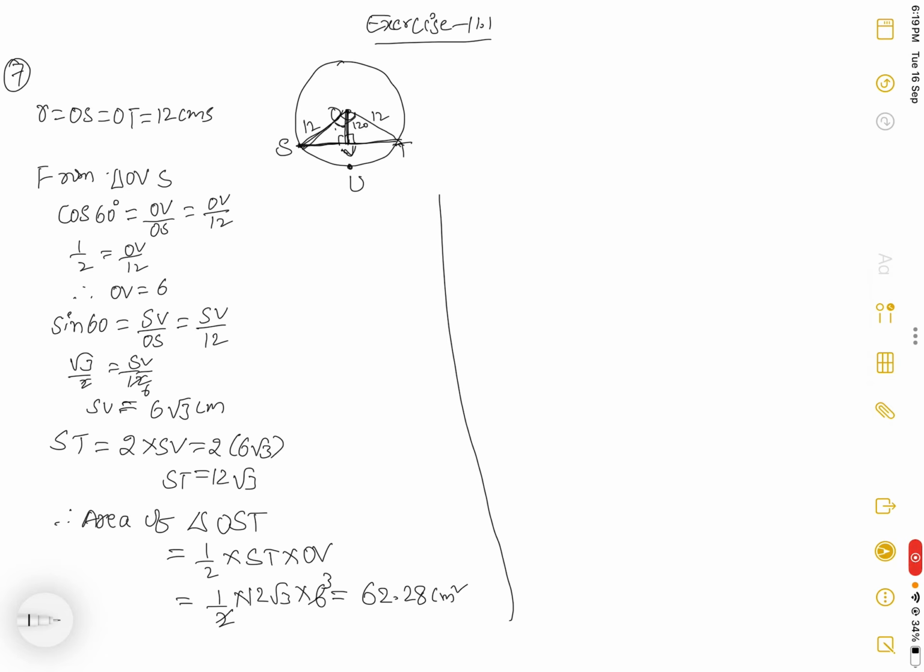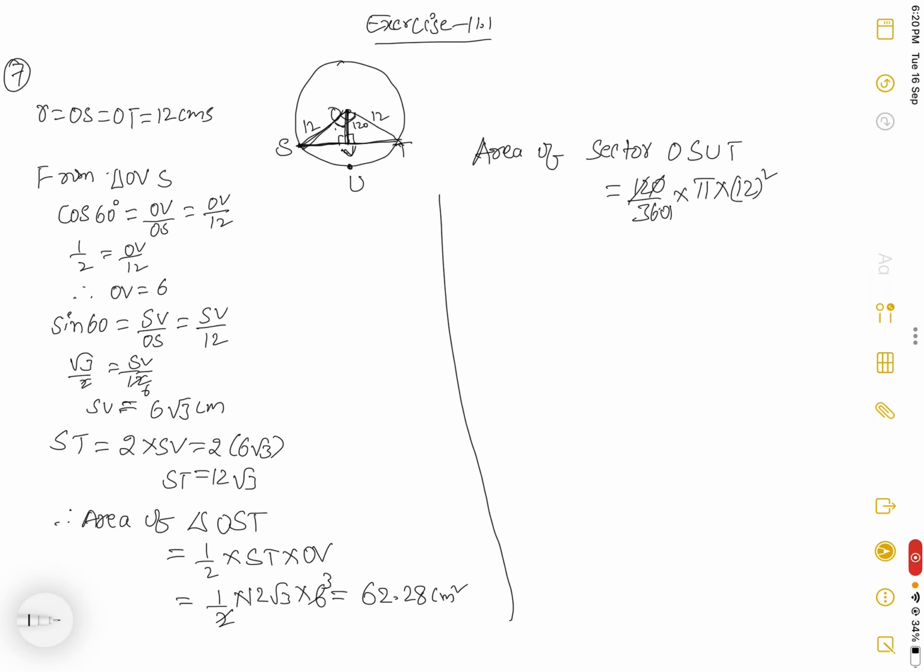Okay. Now we find out the area of sector OSUT. We know the formula, theta by 360 into pi r square. Here theta is 120 by 360 into pi into r value, 12 square.